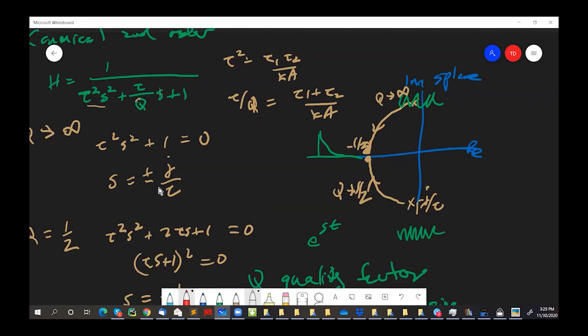It can't be real, right? Because if you square a real, it'll be positive, and you can't add positive to positive and get 0. So you have to get this negative, and the only way is if s is imaginary. And if s is imaginary and close to this axis, your solution, e to the st, will be dominated not by the real part, which is a decaying exponential, but by the imaginary part, which is a sine and cosine. That's why it's ringy. If s is dominated by the real part, which is negative, then it's dominated by a decaying exponential.